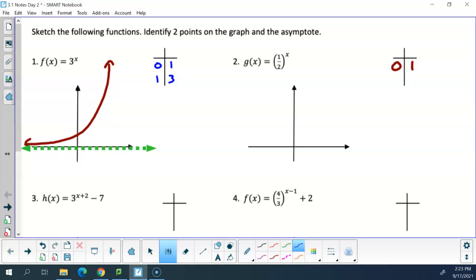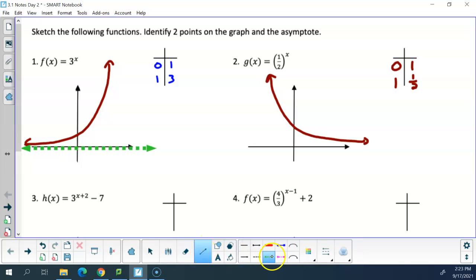Oh well. So 0, 1 and 1 comma half. It's going to come down. Okay.